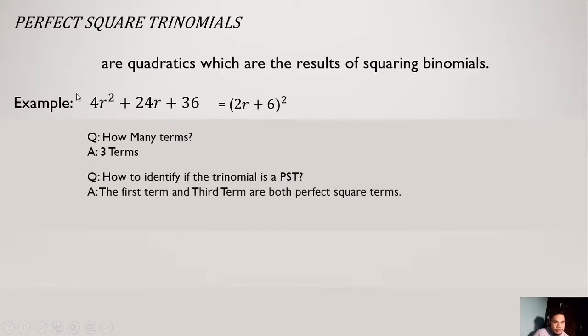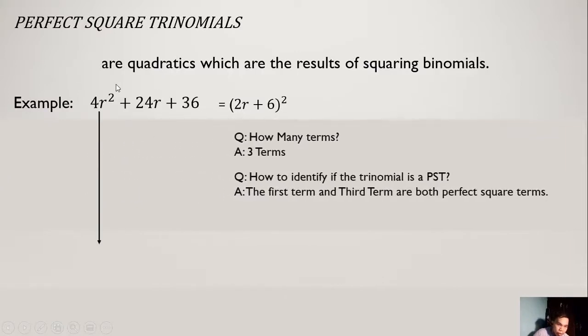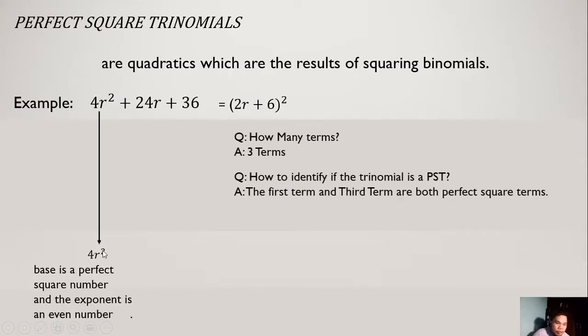The first term and the third term must both be perfect square terms. For example, we have here 4r squared. The base, which is number 4, is a perfect square, because it is the result of 2 times 2.